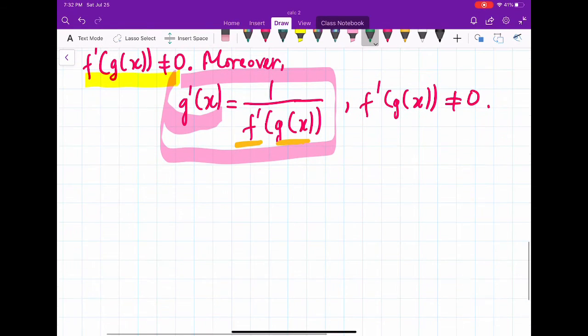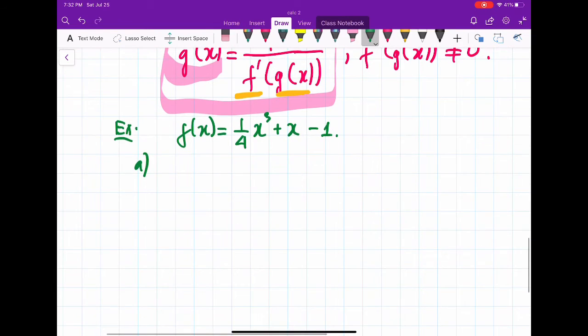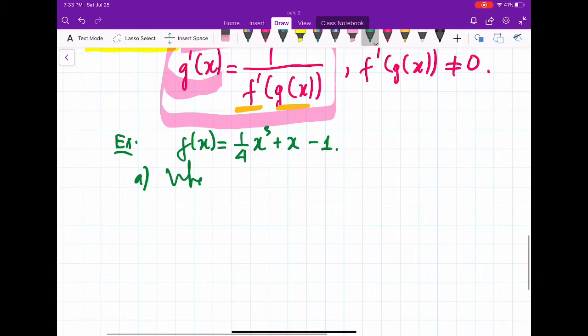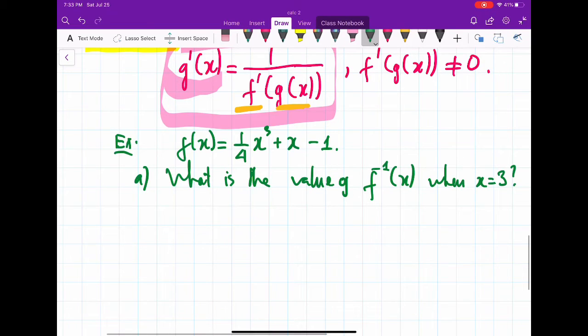So let's consider the following example. Let's say you have the function f of x equal to 1/4 x cubed plus x minus 1. Okay, and the first question they ask is, what is the value of f inverse when x is equal to 3?